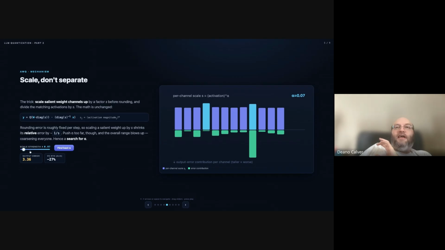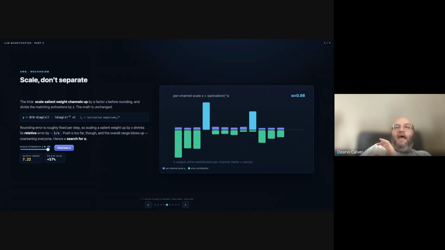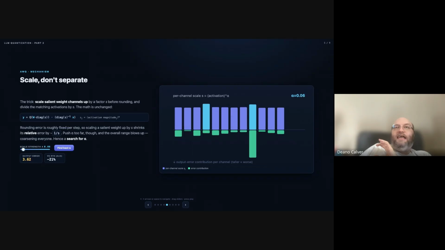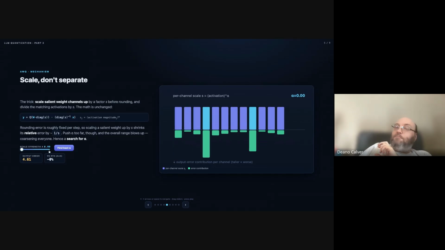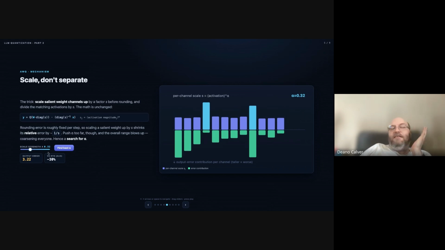All you really need to find is where the errors are least across the thing versus the scale, right? So as you can see here, a high scale doesn't actually affect these two important weights, whereas beforehand, they're all important. And this is a search, so it's pretty simple. This isn't the best algorithm for this, but it says this is the best factor that you will scale your weights by to preserve these channels better than these channels.